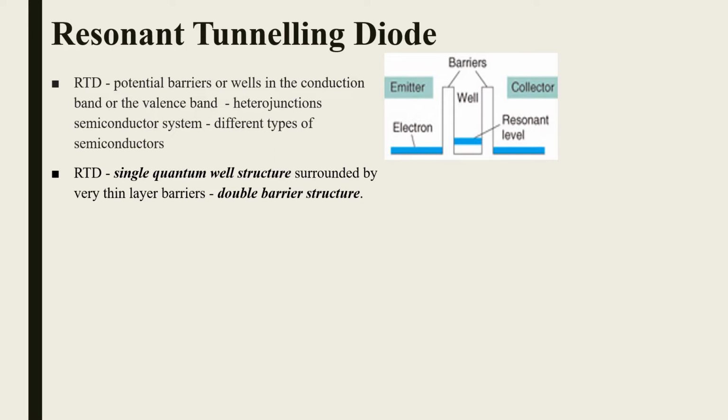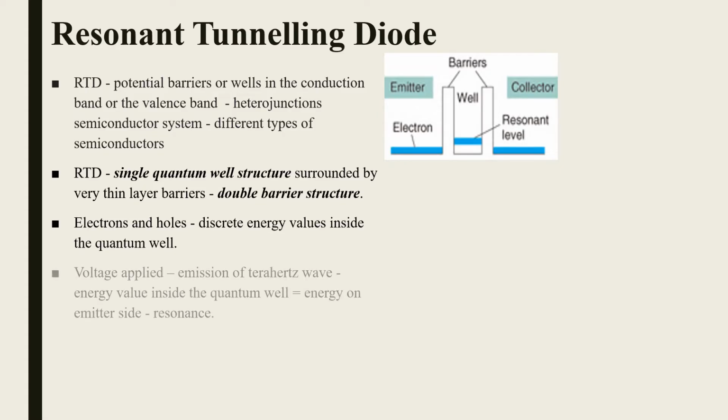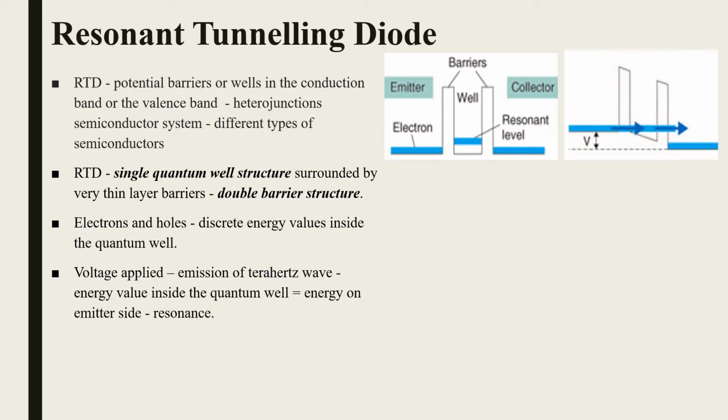Carriers such as electrons and holes can only have discrete energy values inside the quantum well. When a voltage is applied across an RTD, a terahertz wave is emitted, when the energy value inside the quantum well is equal to that on the emitter side.